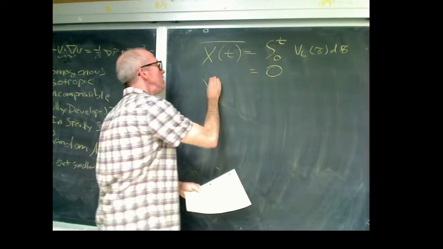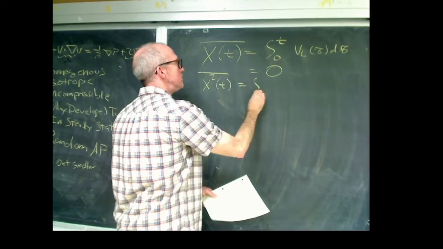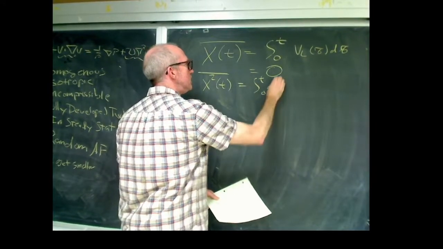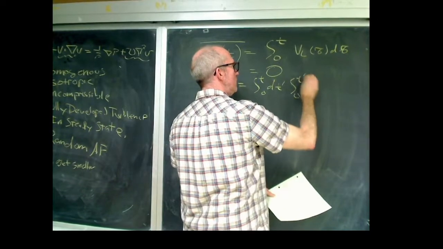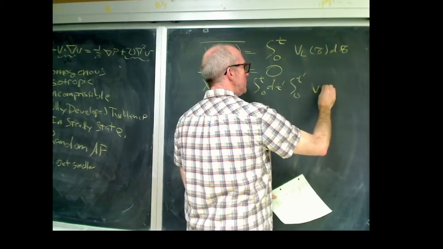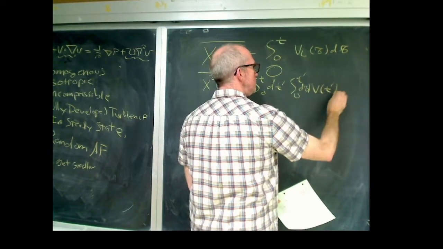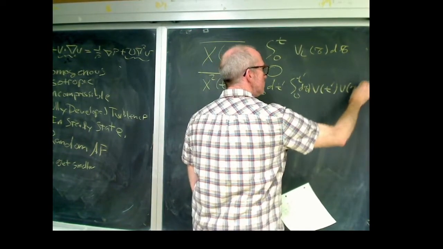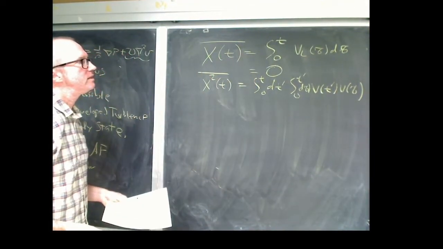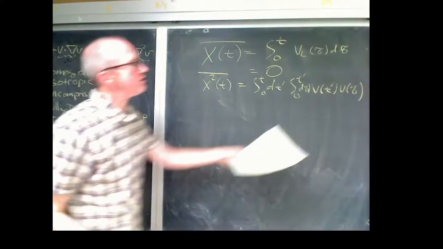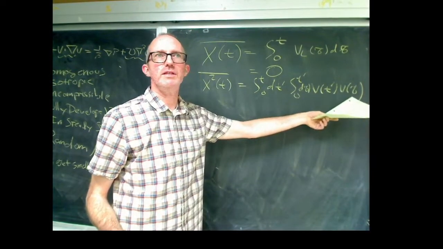Average of x squared is the integral from 0 to t dt prime, integral from 0 to t prime of v(t') v(tau) d tau. Here's v at one time times v at another.